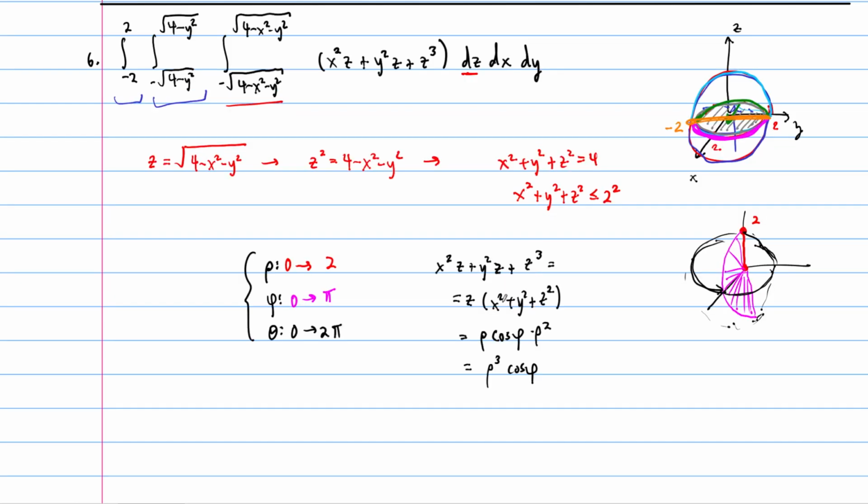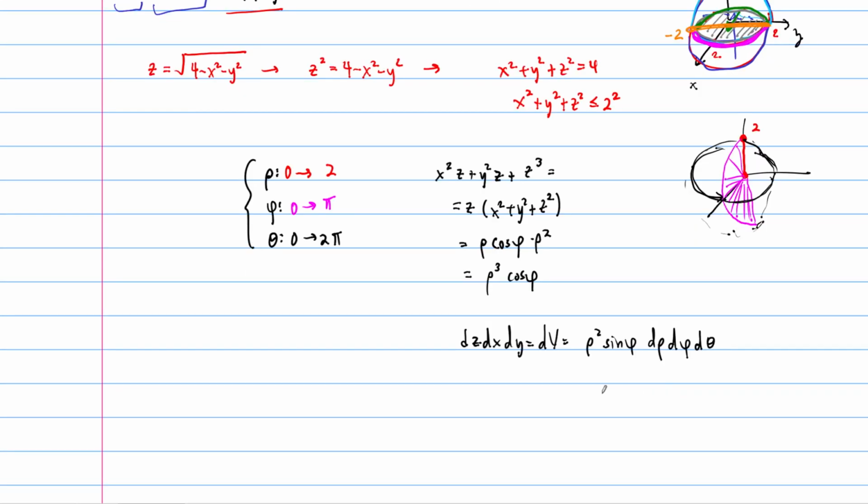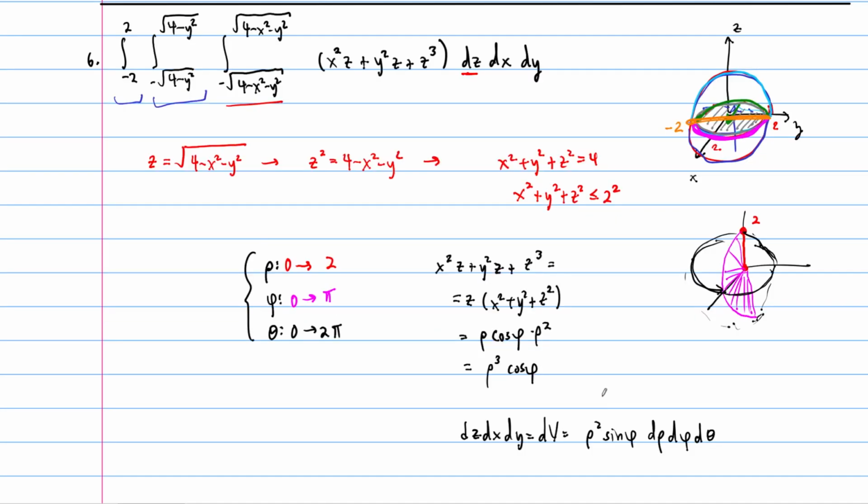And then the last thing we have to remember is that our dz dx dy, this is our volume element. This gets replaced by rho squared sine of phi d rho d phi d theta. So we put all this together, and what we end up with is the integral.